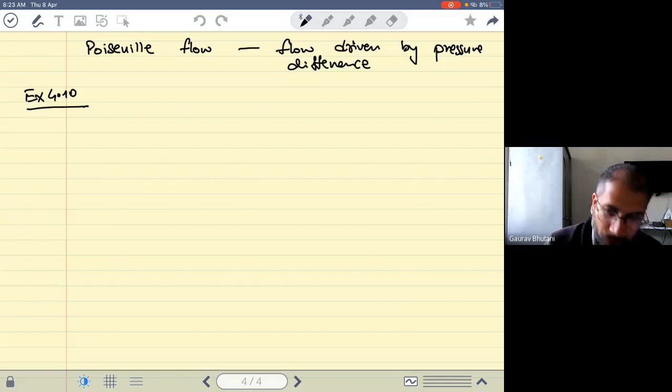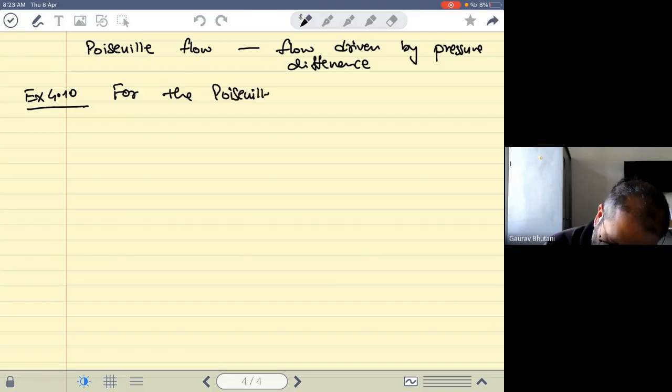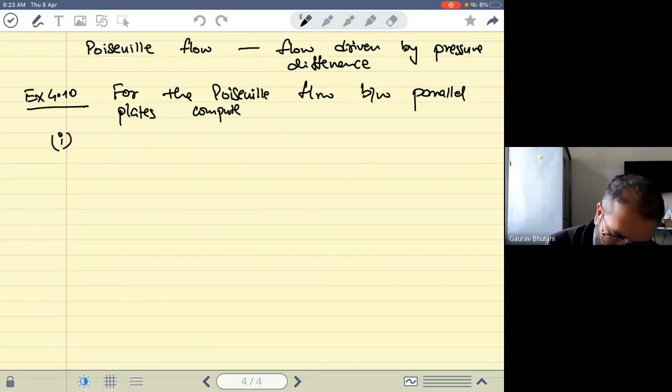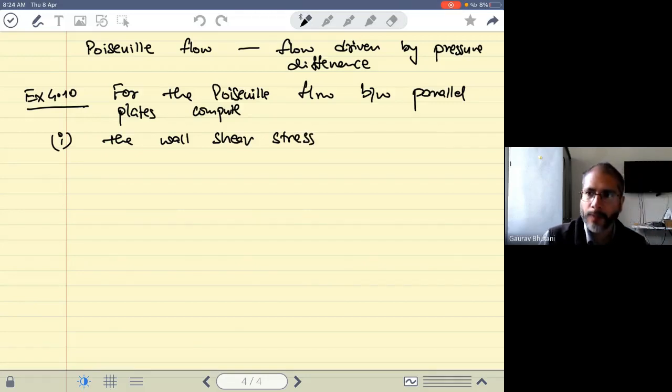Okay, so this is based on application number 2, that is the Poiseuille flow problem that we just discussed. Because the first we have to compute the wall shear stress. Okay, so what is the shear stress on the wall?